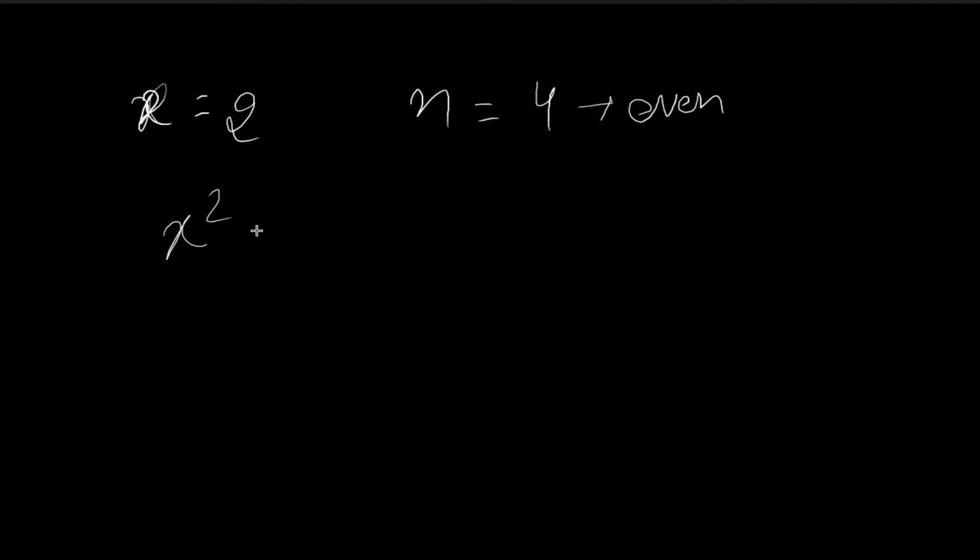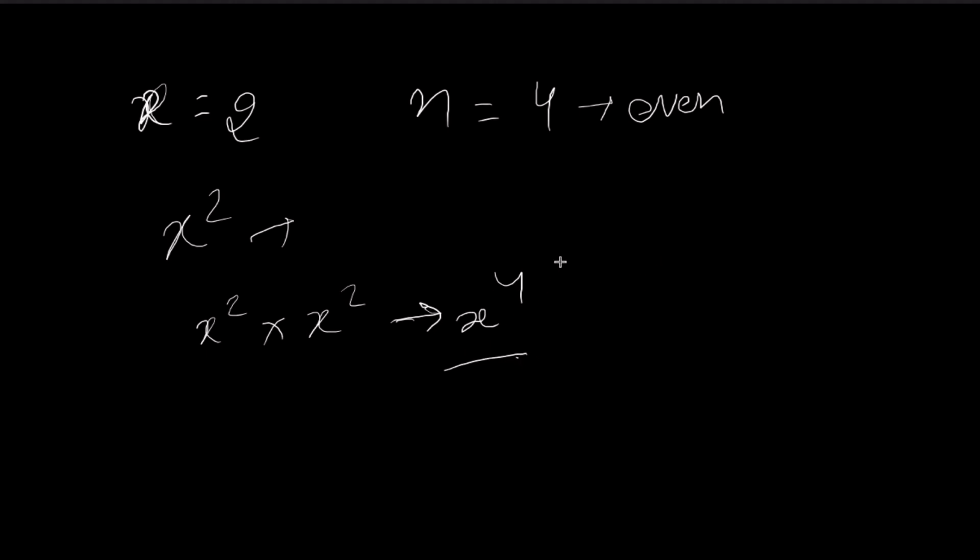Let's say in this case our value of x is 2, and let's say n is 4. So this n is an even number. So what we can do is we can find x raised to power 2, and then we can multiply x raised to power 2 into x raised to power 2 to find x raised to power 4.